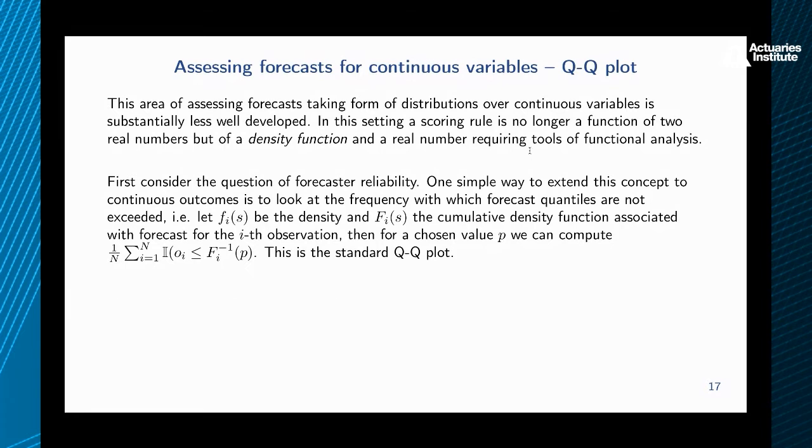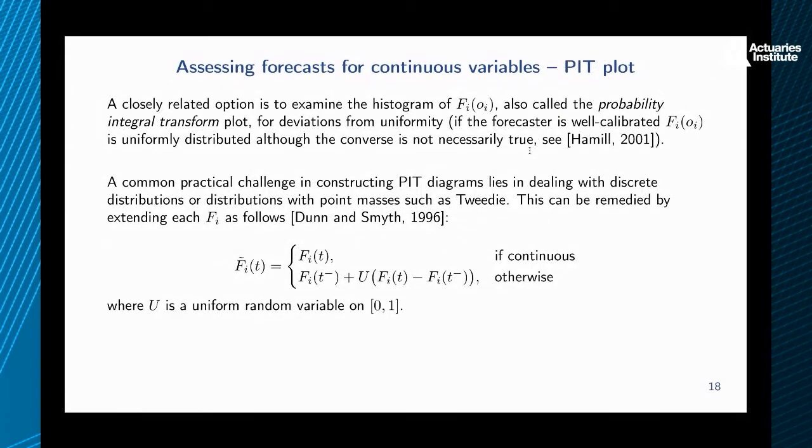It's pretty boring. And then there is a close relative of the QQ plot, the PIT plot, at least that's one name for it. It's basically the probability integral transform plot. And the idea here is also embarrassingly simple. For every forecast we have a distribution. We work out the cumulative density function of our forecast, which goes from whatever the range of the random variable is to a number between 0 and 1.